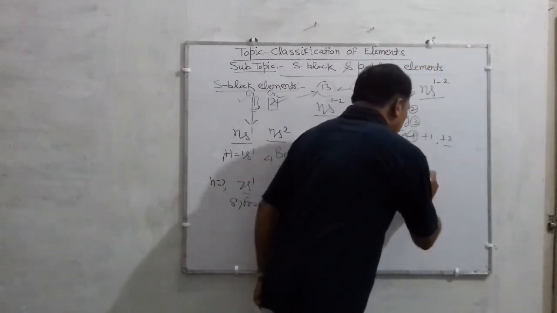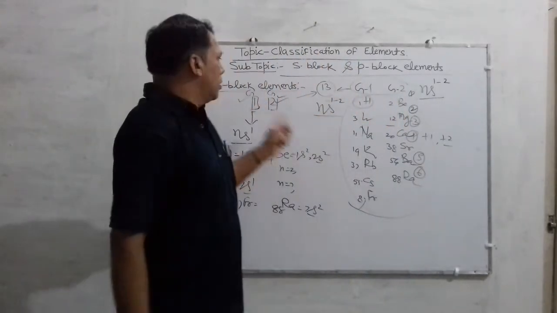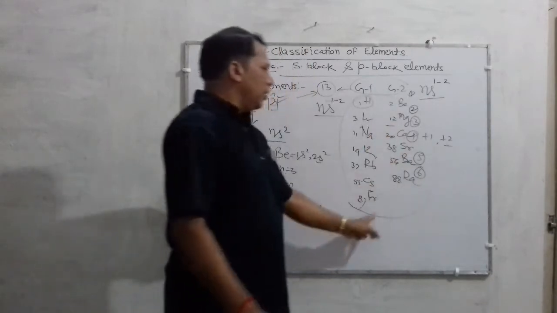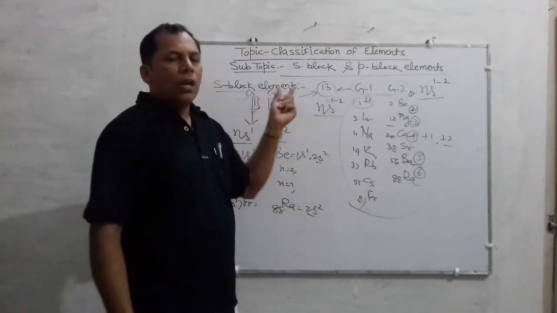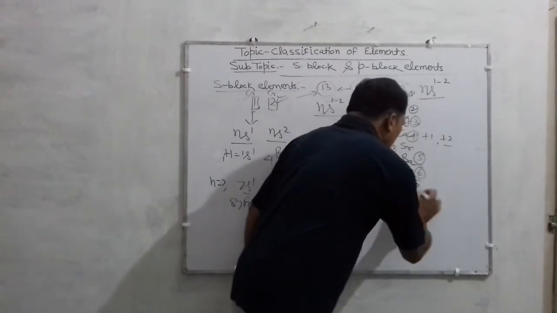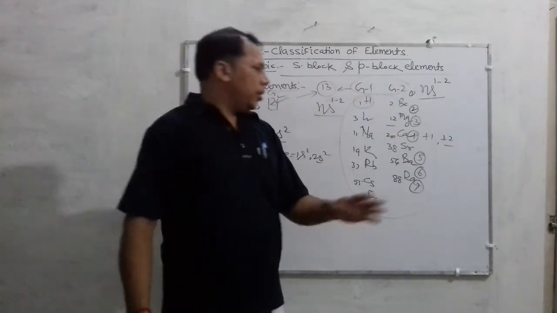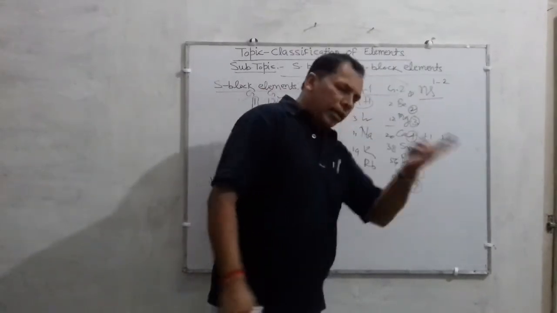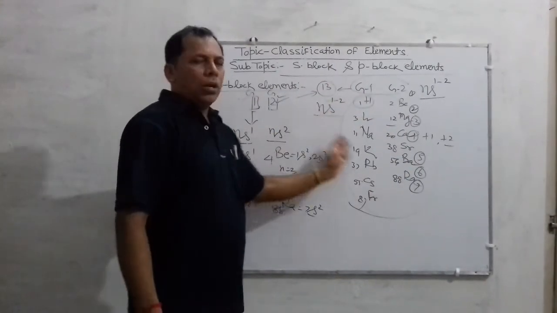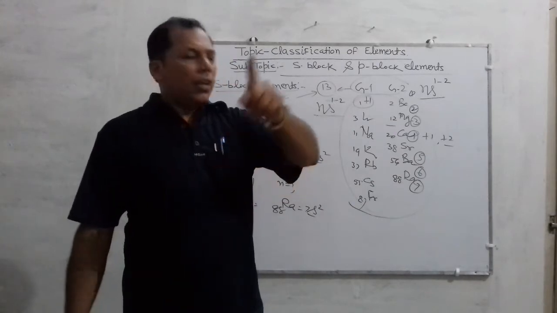And last point, you can say that these elements are highly reactive. These elements which are present in S block all are highly reactive. And one more property, you can say that these elements are highly reducing agent. The elements which are present in S block are highly reducing agent.